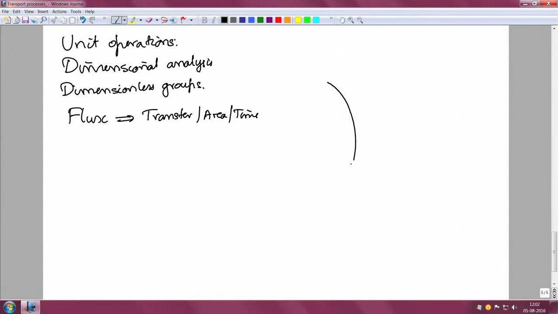So, if I had a particle surface, the flux of mass to the surface or from the surface would be the mass transferred per unit area per unit time.